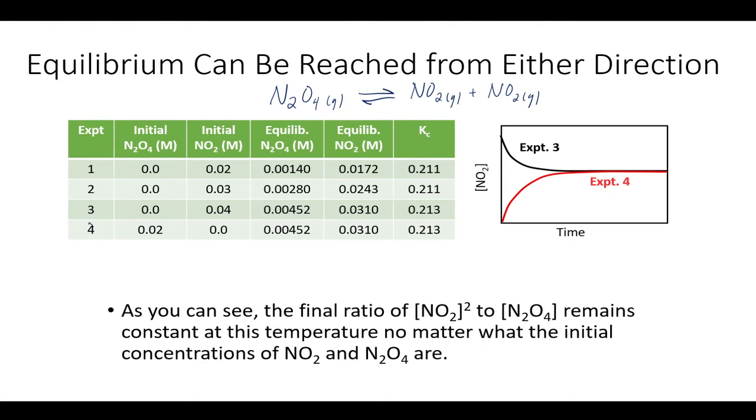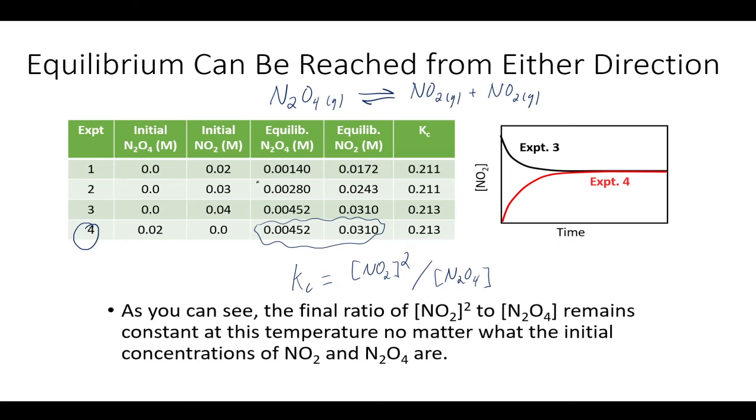That's what's shown here in experiment 4. Initially, there's N2O4 and no NO2. I set up that experiment, let it go, and come back a day later once equilibrium is established. Here are the concentrations I'm left with. My Kc is products over reactants, so NO2 squared over N2O4.